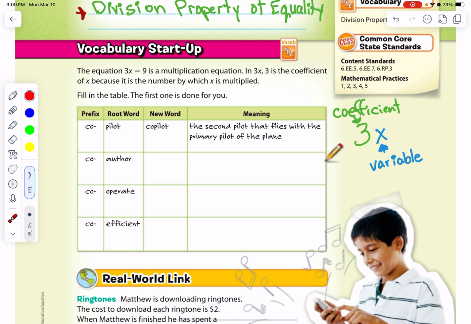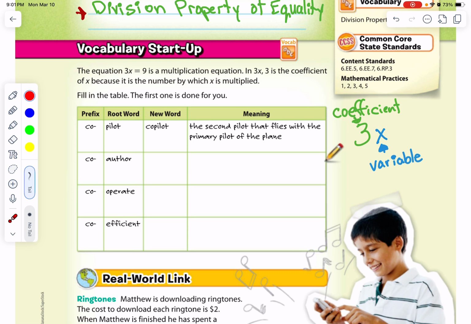Okay, so coefficient. See that word "co"? Let's think about words we already know. This right here, you do not have to write. Just listen for a second. Co plus pilot equals co-pilot. And a co-pilot is the second pilot in the cockpit helping the primary pilot fly the plane, right? Co plus author would be co-author.